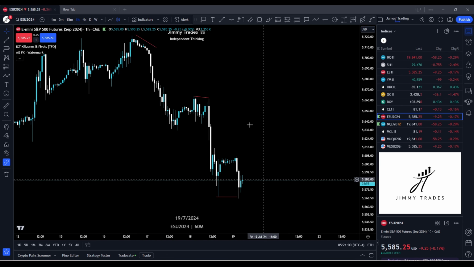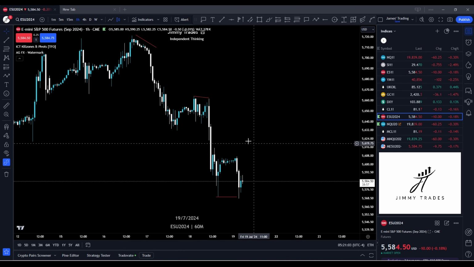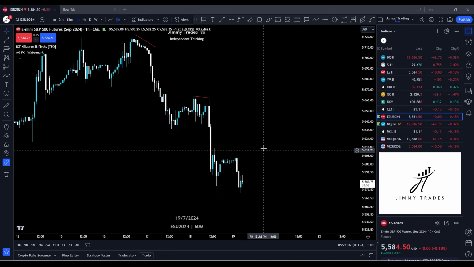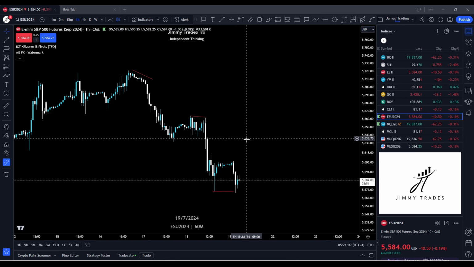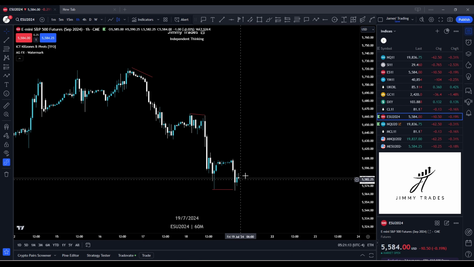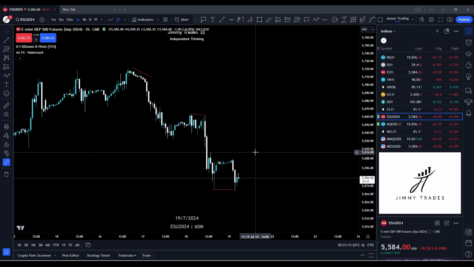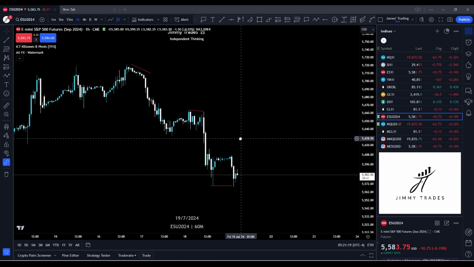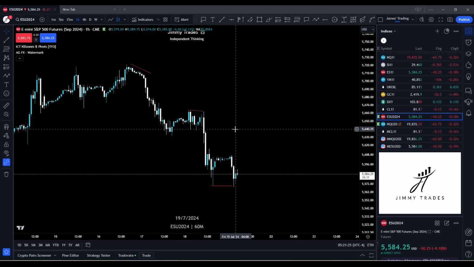So same scenario here. I would be neutral on our hourly structure. So I would be looking for some signatures in price to give me an alignment in bias, and then if a position presents, look to execute after 9:30.